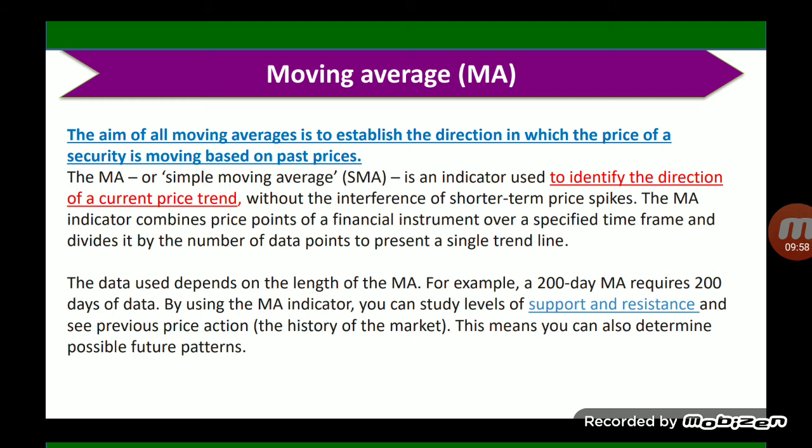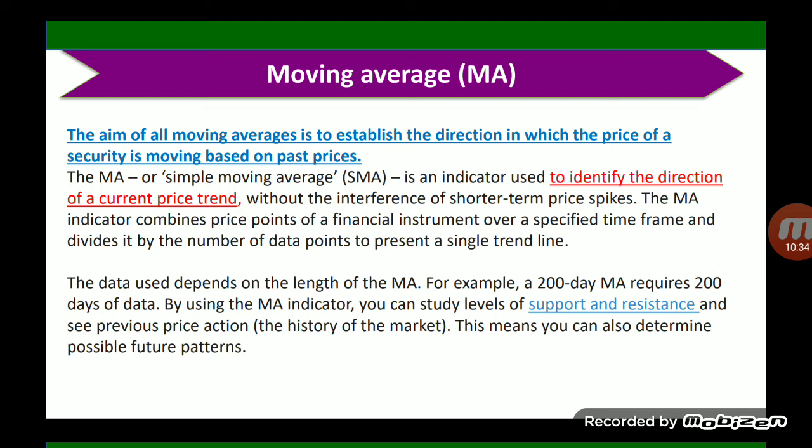The aim of all moving averages is to establish the direction in which the price of a security is moving based on the past prices. So moving averages identify the direction of a current price trend on the basis of past prices, or the direction of past prices of a particular security or share, without the interference of shorter term price spikes.